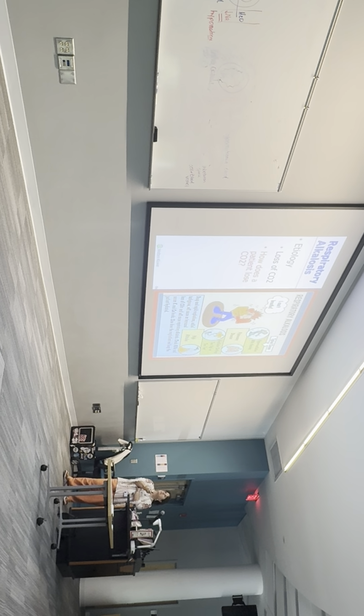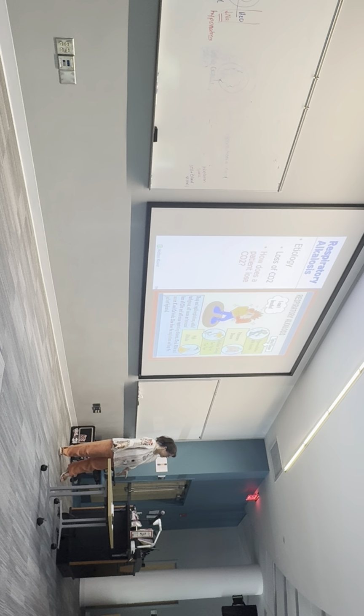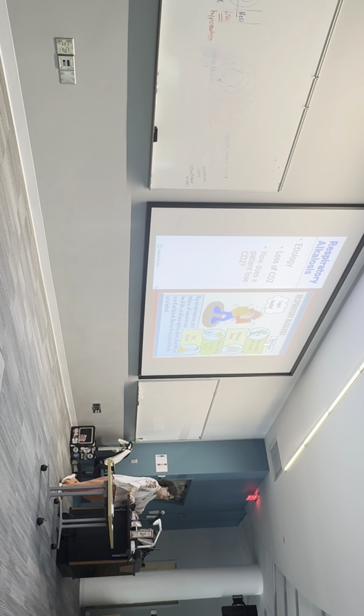All right. So respiratory alkalosis. So we've got, I'm sorry, the pH is high. pH is high, but the CO2 is what? Yes, CO2 is low because the patient's breathing it all out. So what do you think could cause respiratory alkalosis?